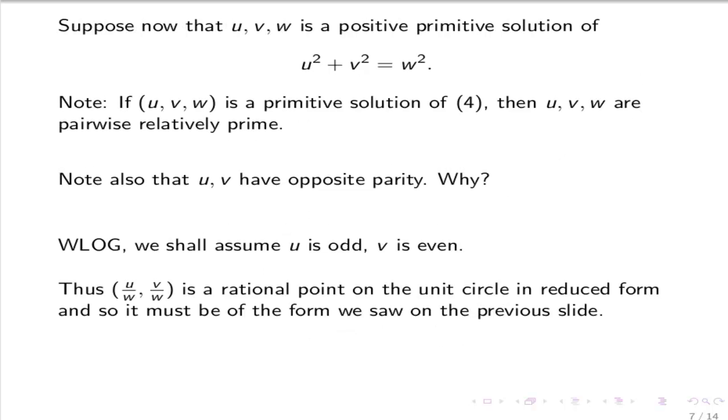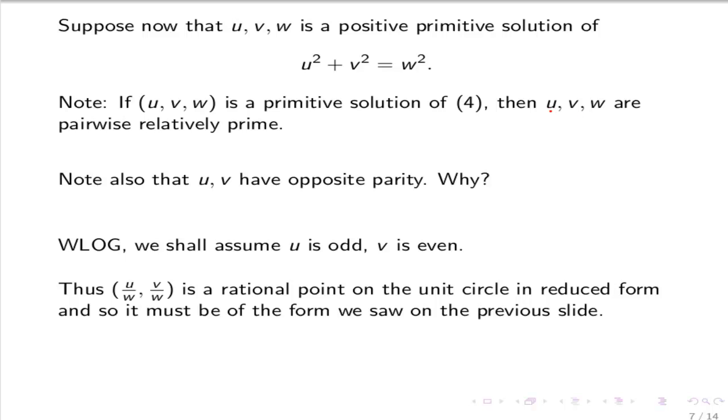Okay, now let's return to the Pythagorean triples. So suppose u, v, and w is a positive primitive solution of our Pythagorean triple equation. So u squared plus v squared is w squared. Now first note that if this is a primitive solution, then in fact u, v, and w are pairwise relatively prime.